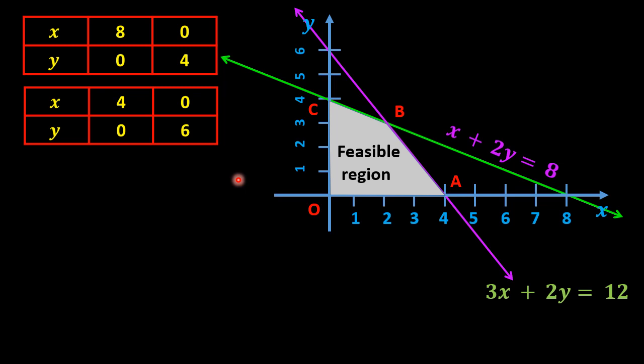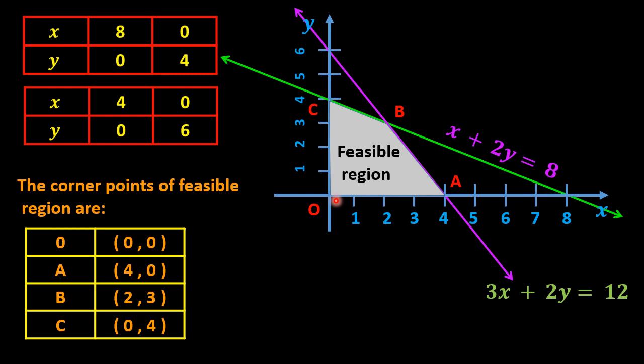Then we have to find the coordinates of each of these 4 points. The corner points of the feasible region are: the first point is the origin, so the x coordinate and y coordinate here are 0, 0. And the second point here is x is 4 and y is 0. So for A, it is 4, 0.